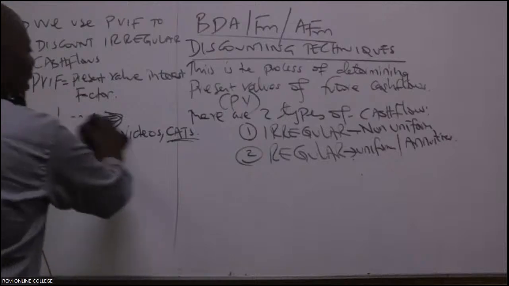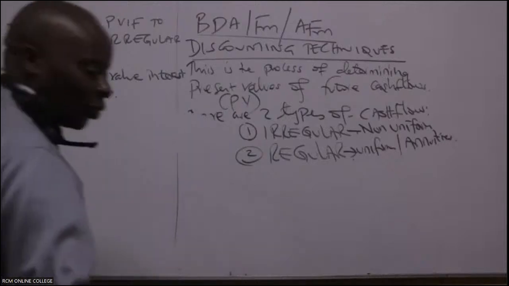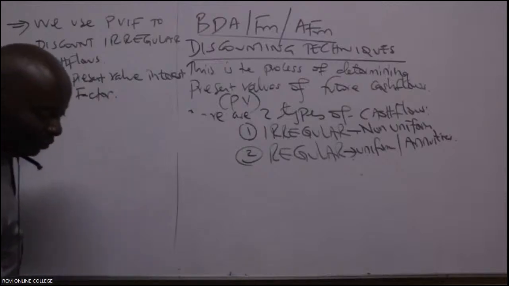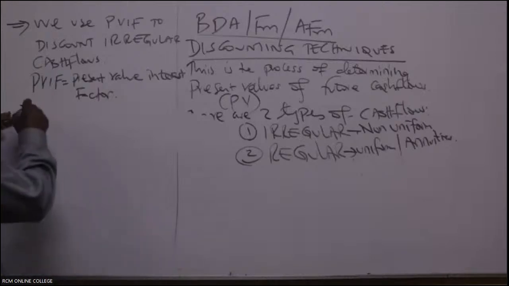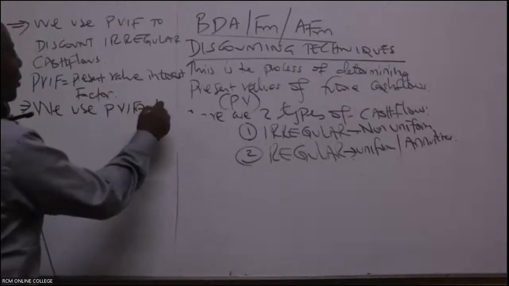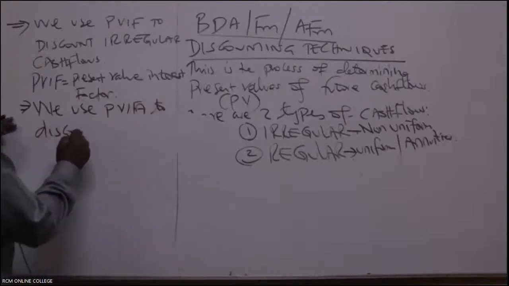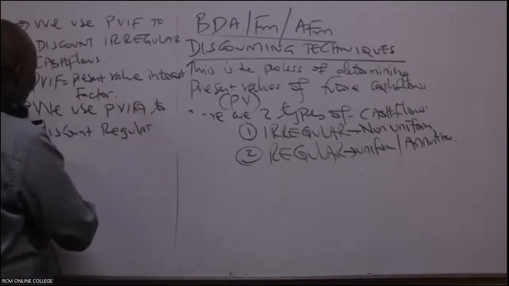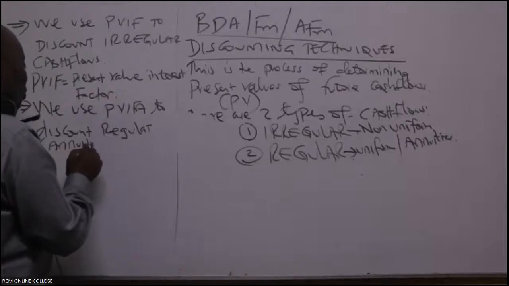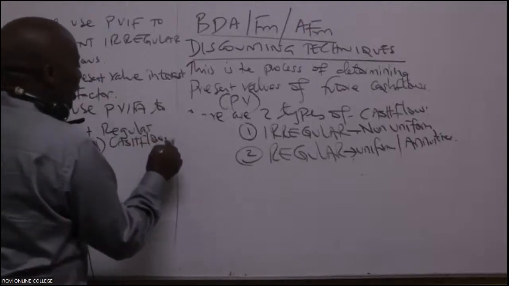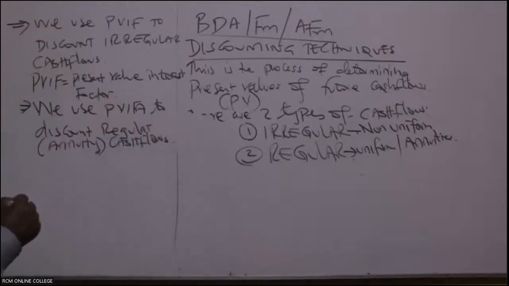Another bullet there tells us that we use PVF to discount regular or annuity cash flows. To discount regular or annuity cash flows, we normally make use of what, ladies and gentlemen?